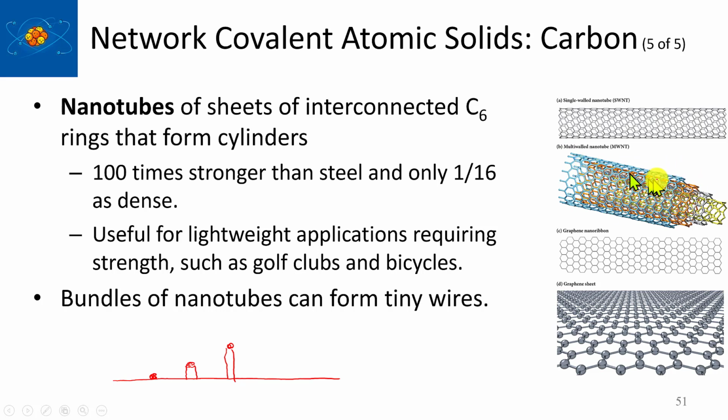So you get a whole bunch of these tubes built up around each other. Again, they have the same properties as graphene or graphite. They're electrically conductive, so people have used them, for example, as small wires to connect to enzymes and other kinds of interesting substrates.